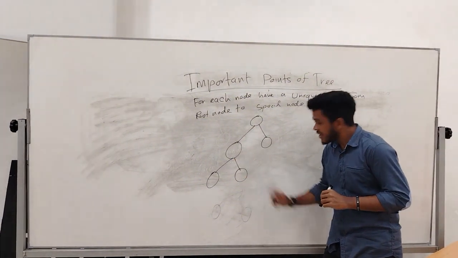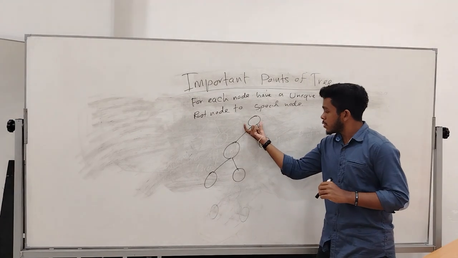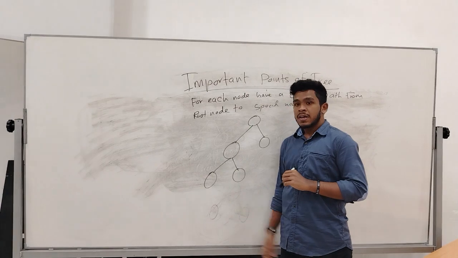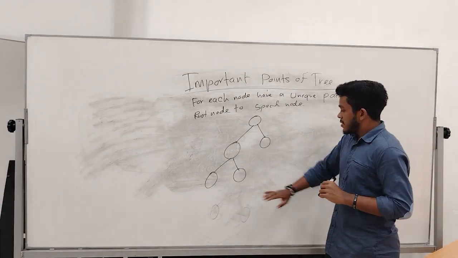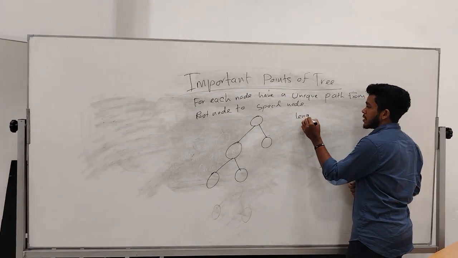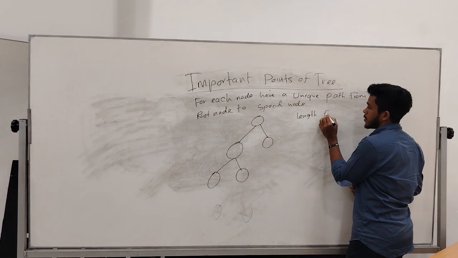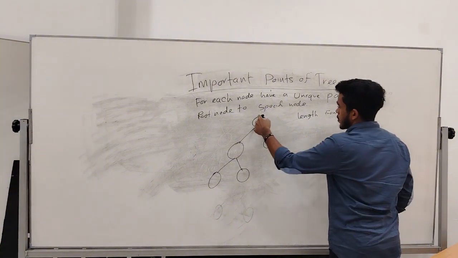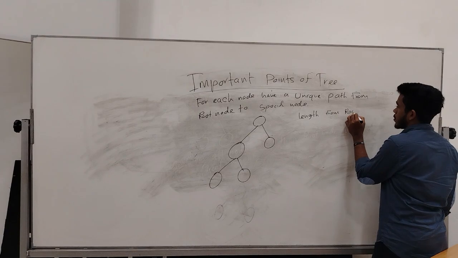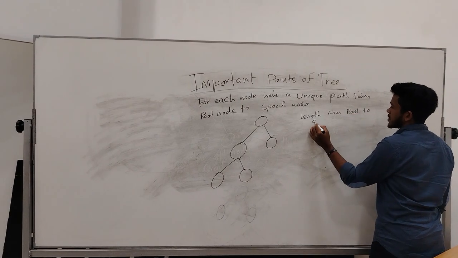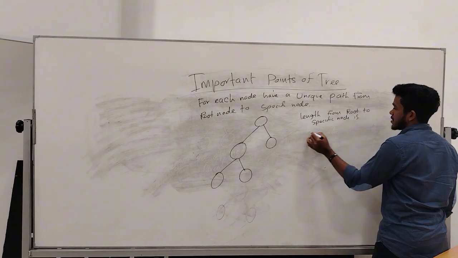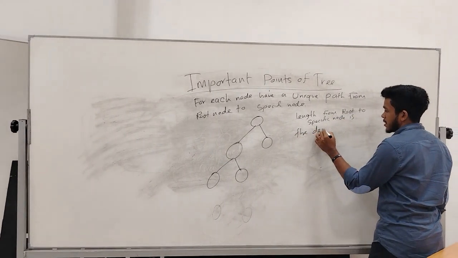The length, or the number of edges, from the root node to this specific node is the depth of this node.